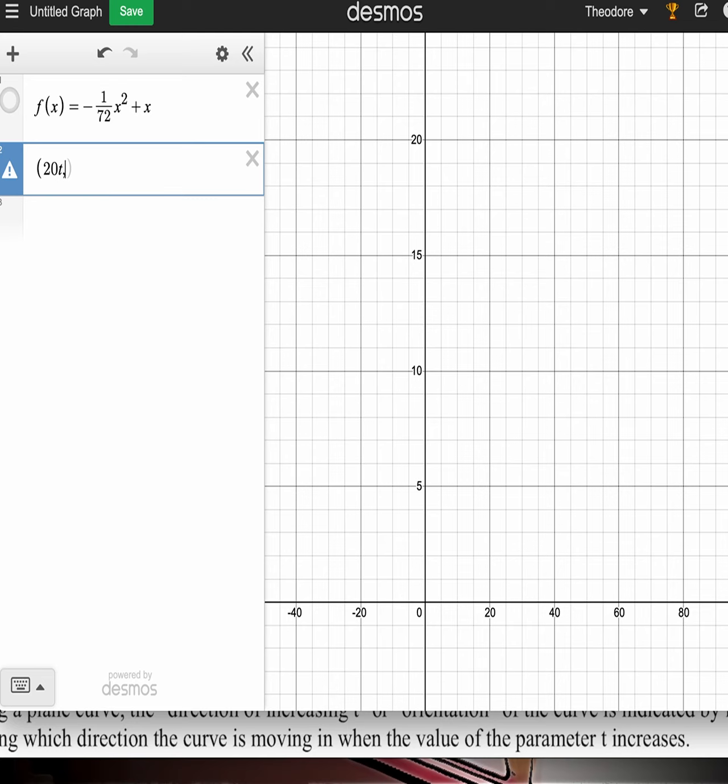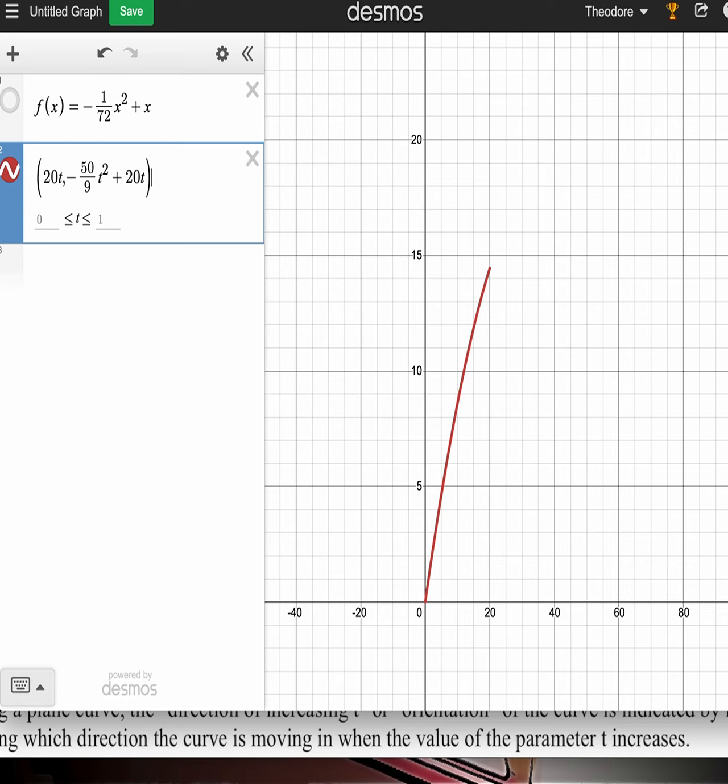All right, so I just kind of stay the course here and keep typing. Negative 50 over 9 t squared plus 20t. All right, now you see here, it kind of looks like a curve, sort of.